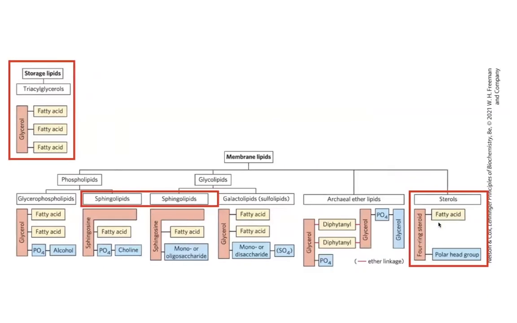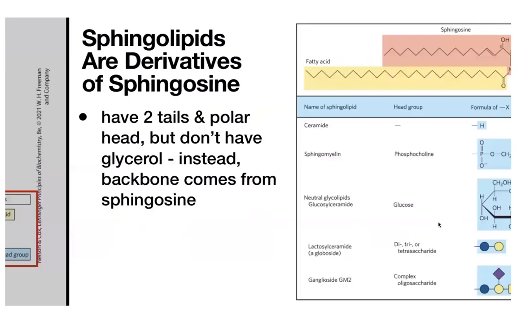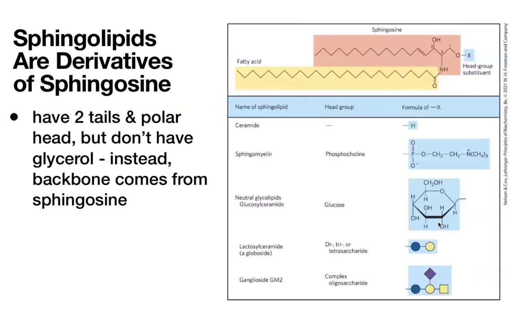In terms of our other type of phospholipid, our sphingolipids, basically here their backbone is also one of their tails. So it's a little confusing, but a sphingolipid, instead of having a glycerol backbone and two fatty acid tails, has a single fatty acid tail, but it also has a tail that's coming from the sphingosine.